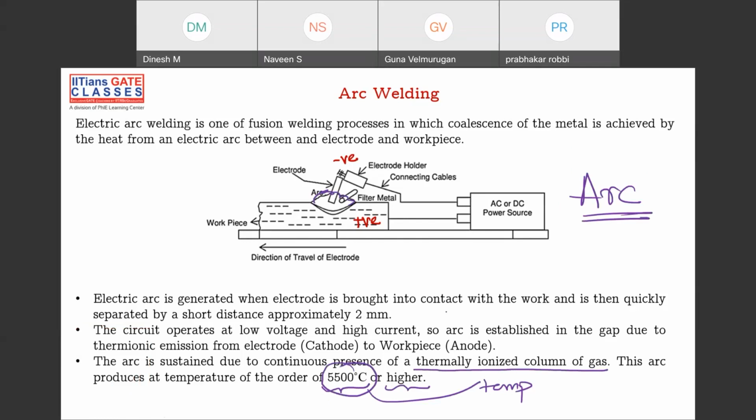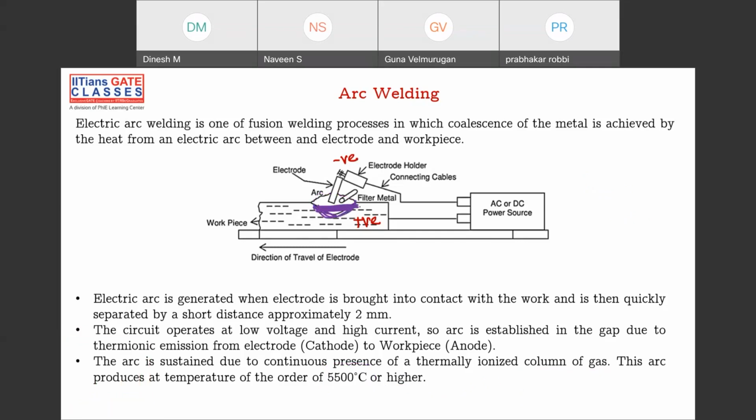Because of that arc, temperature is generated, and because of the temperature, the workpiece is melted. And if the electrode has a very low melting point, then the electrode is also melted and deposited into this space. So there are two different arc welding procedures that we are going to discuss: TIG welding and MIG welding.